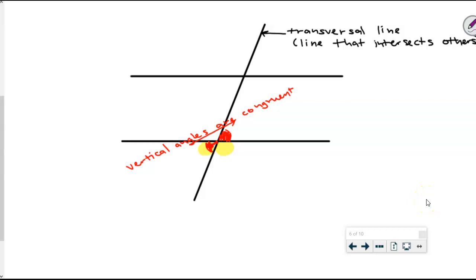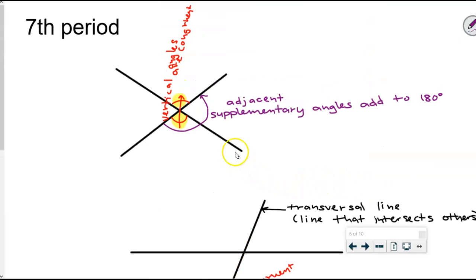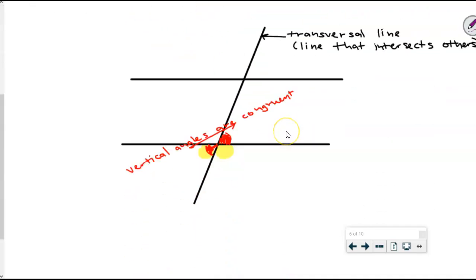Great. Supplementary angles that add up to 180 degrees. Basically, no different than what we saw up here. What's the new word that we can also use because they are right next to each other, Cadence? Adjacent. So these angles are adjacent and supplementary.